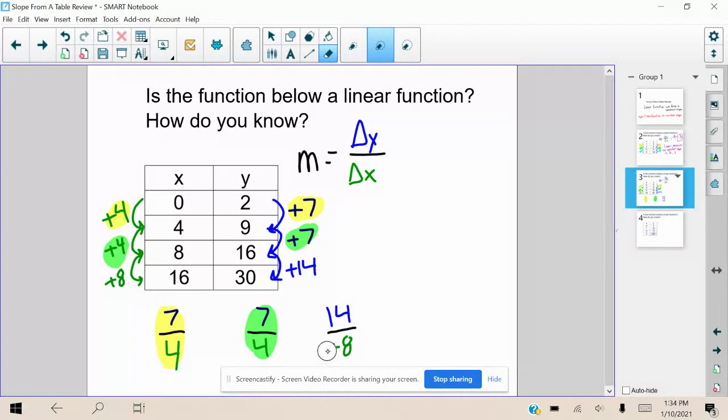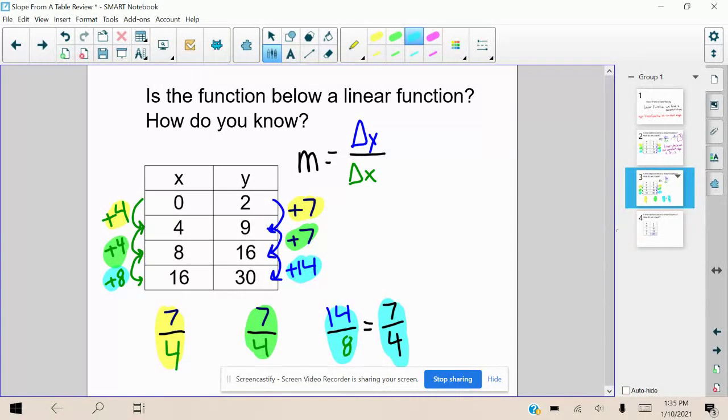Let me erase that plus sign because we don't leave a plus sign there. But one thing that I do know is that I can simplify 14 over 8 to 7 over 4, which means that I can simplify this third rate of change, 14 over 8, into 7 over 4.